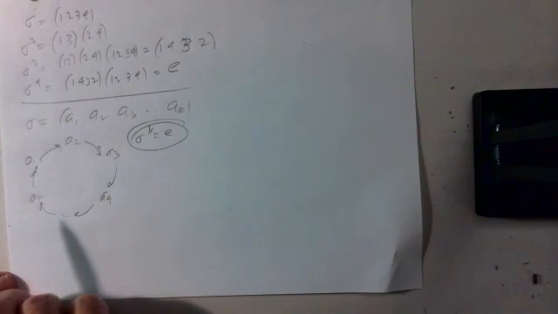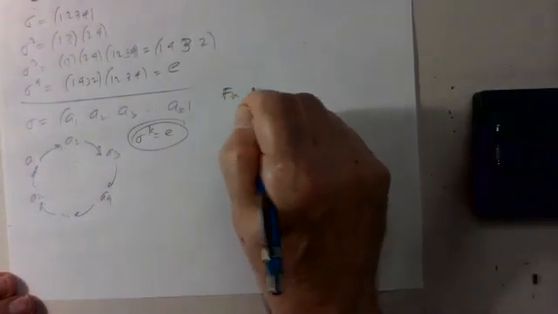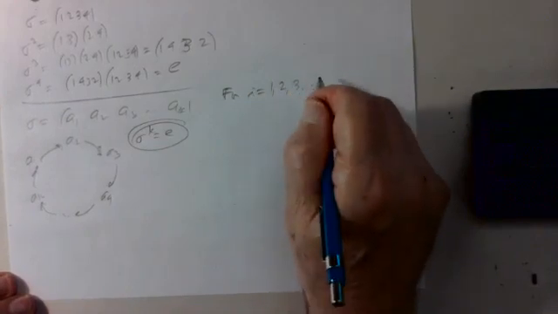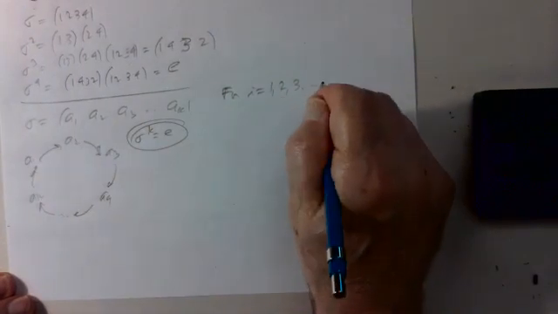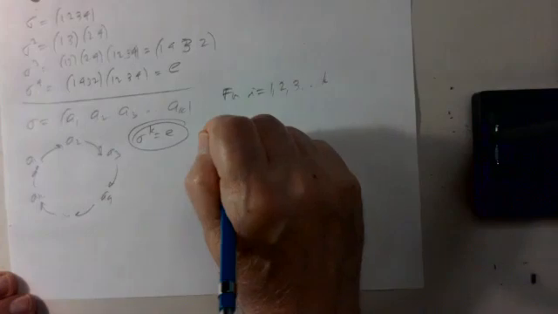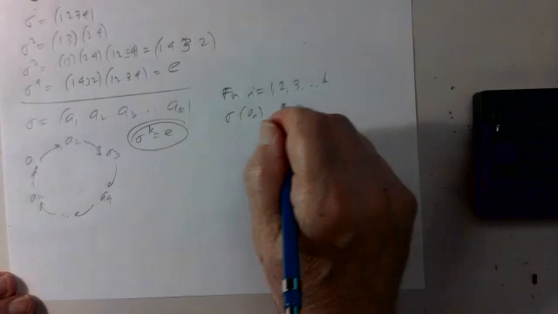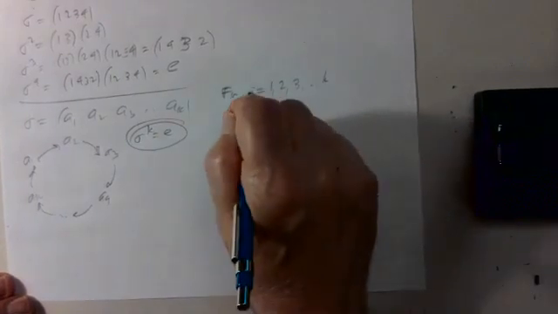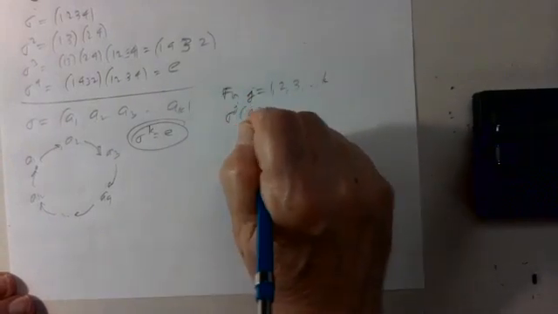Is that a sufficient proof? Yeah, you can say the following. For j going from 1 up to k, what is sigma to the j of A_i?